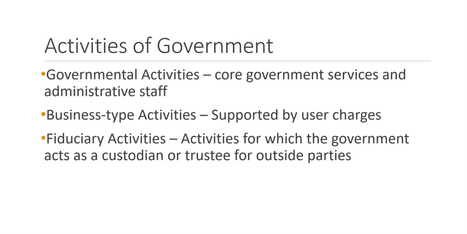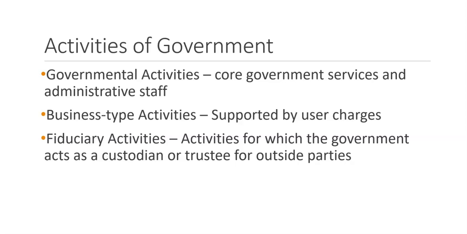Okay, so we looked at these three different activities of government. So we have our core government services and our administrative staff. So core services are what the government provides to its citizens, and then what is the staff that they have on to administer the government. Our business-type activities are supported by user charges.